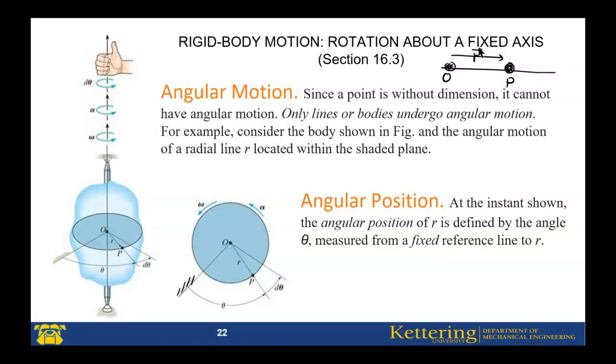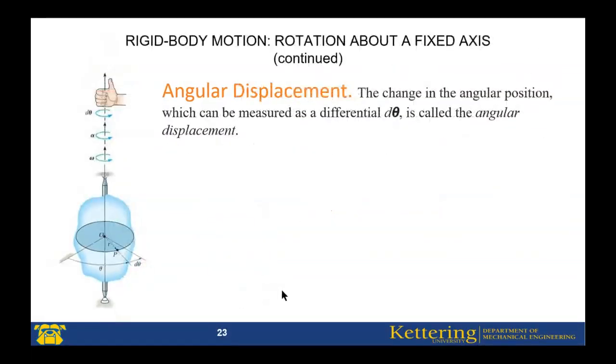Then, if point P moves to the point P prime by a differential amount d theta, this d theta is called angular displacement. Similar to the example where the particle moves to the point P, this is r, then moves to the point P prime, this is r prime, the difference of them is delta r, called displacement.